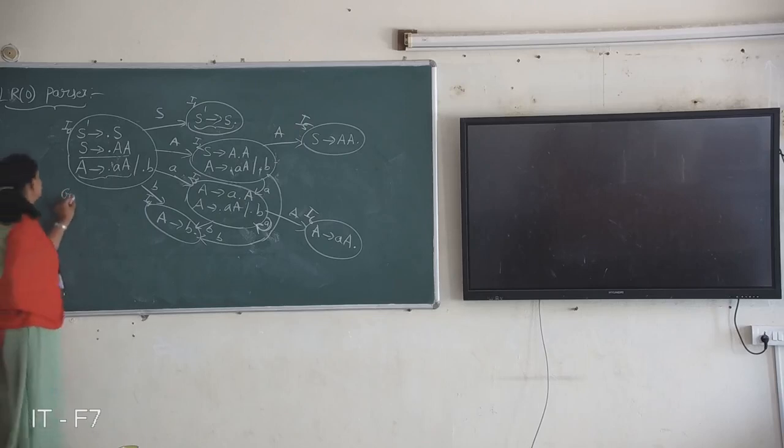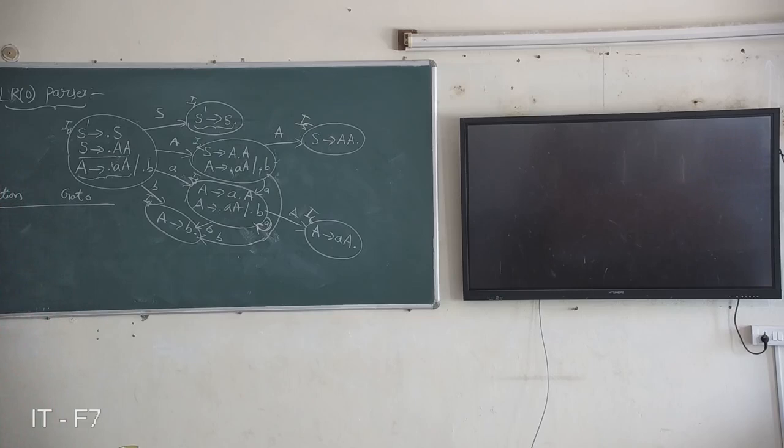I already told that the LR parser table contains action and goto. Row wise write all the states. So how many states are there? I0 up to I6, right? So you can just write numbers 0, 1, 2, 3, 4, 5, 6. So this is nothing but the states from I0 to I6.